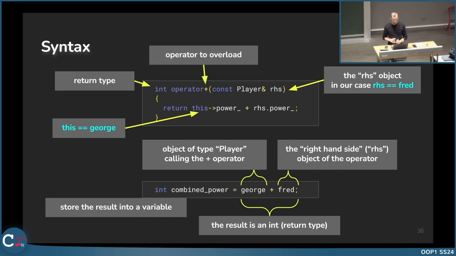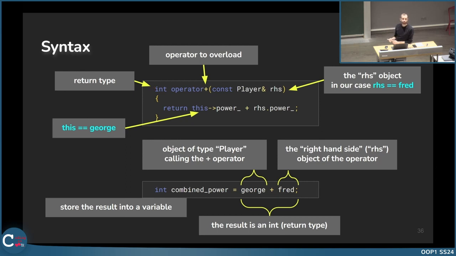So you are very free in the return type here. We could also say, and we will come to that, that when we add 2 players, a player can come back, maybe another player. We will come to that.